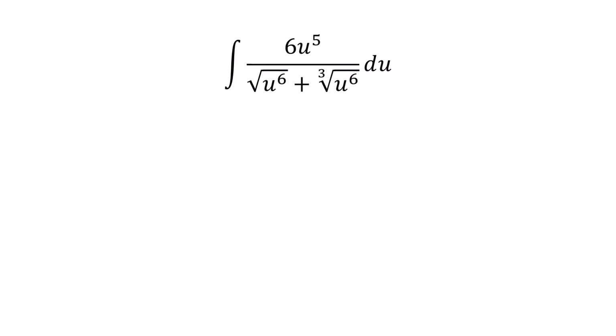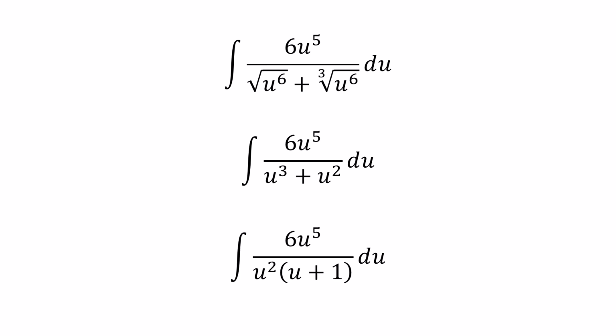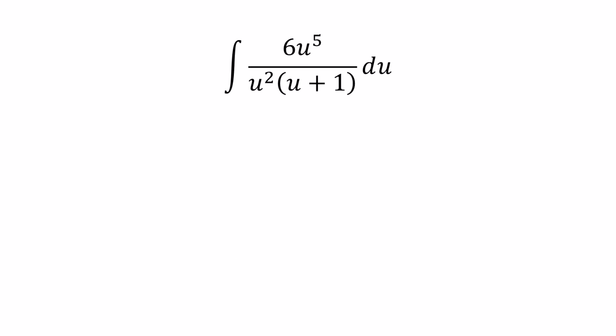Simplifying the roots, we get the integral of 6u to the fifth over u cubed plus u squared du, factoring u squared from the denominator then gives the integral of 6u to the fifth over u squared times u plus 1 du.